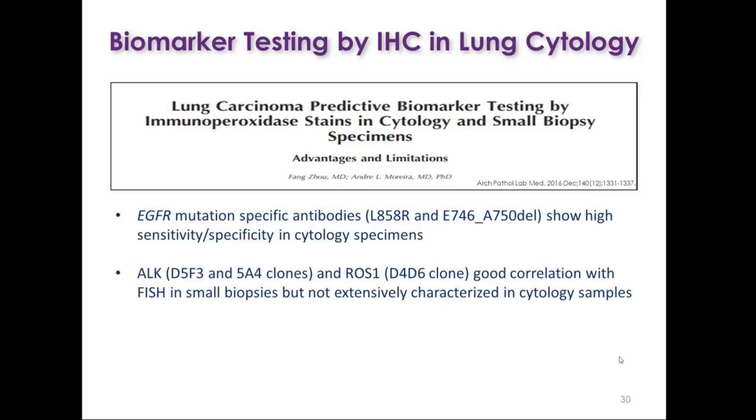Also, ALK and ROS1 have antibodies that can be utilized. These have shown really good correlation in small biopsies. There have been a few limited studies in cytology for ALK with good correlation. There aren't that many studies using the ROS1 antibody, but I'm sure with time we'll see more studies that have utilized the ROS1 antibody.